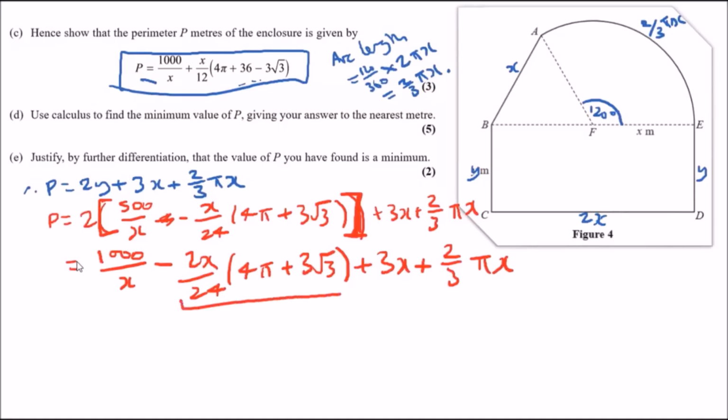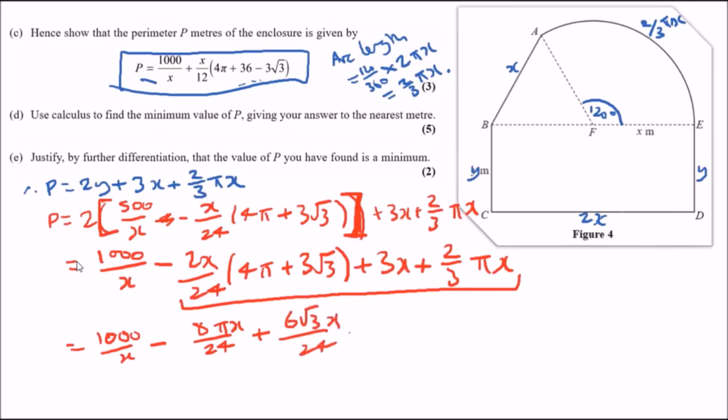So let's focus on this part now and try to lock in the same bracket. So we're going to have 1000 over x minus, let me multiply this out, 8 pi over 24x plus 6 root 3x over 24 plus 3x plus 2/3 pi x.